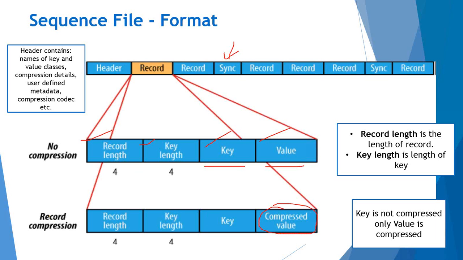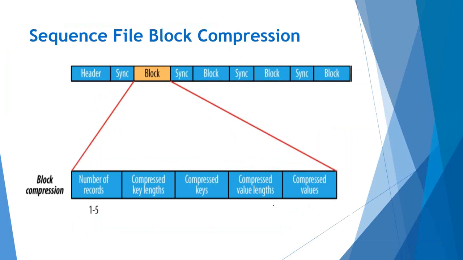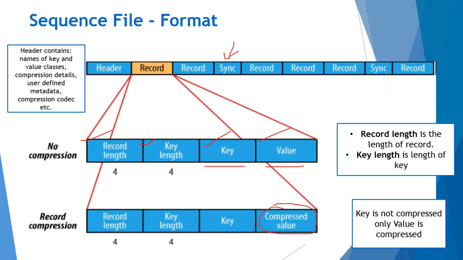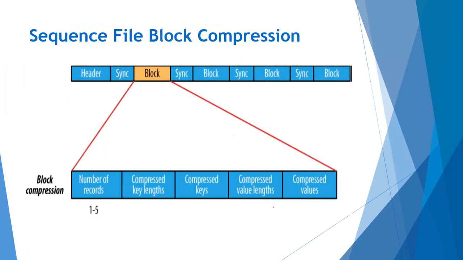And the advantage which we get by storing these record lengths, key lengths and header kind of information is that our files become splittable. And we can apply compression at both levels. We can apply the compression at the block level, as well as at the record level. So here I applied the compression at record level. Here I am applying the compression at block level. If I apply the compression at block level, the block looks something like this.